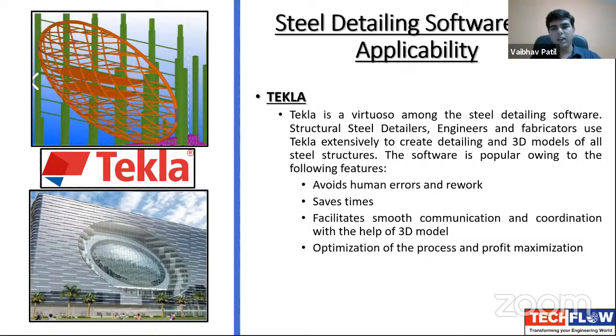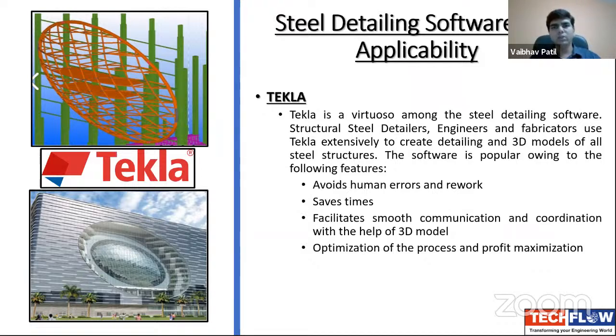So no need to draw everything. It saves time and facilitates smooth communication and coordination with the help of the 3D model, because in 3D you can view, rotate, and see where the conflicts are. Some industrial projects are not only about steel. Piping, electrical, and HVAC are involved.